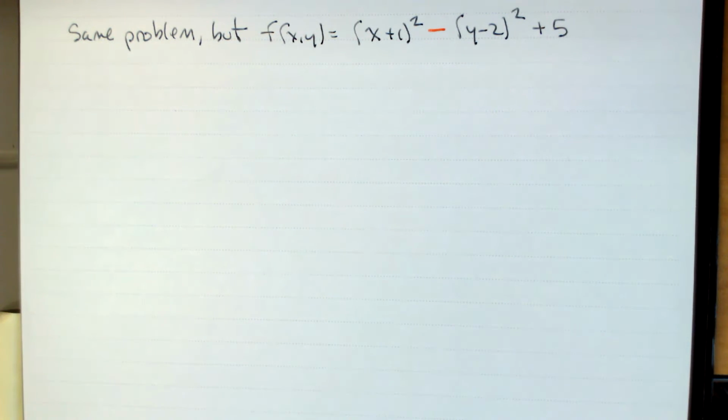Let's suppose that we're going to have the x squared, but instead of plus y squared, making circles, we're going to have x squared minus y squared, making a hyperbola.